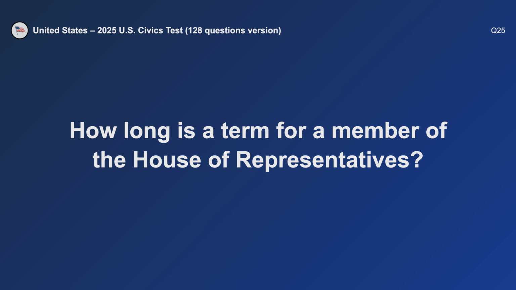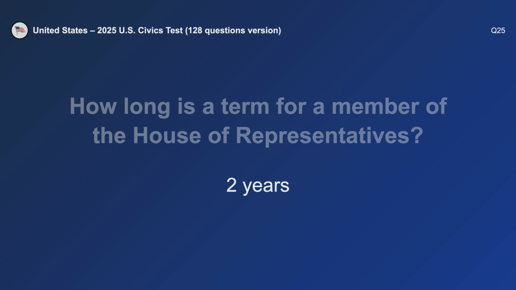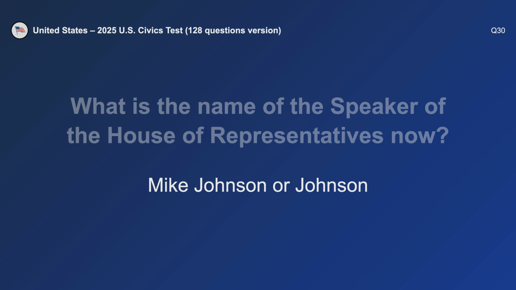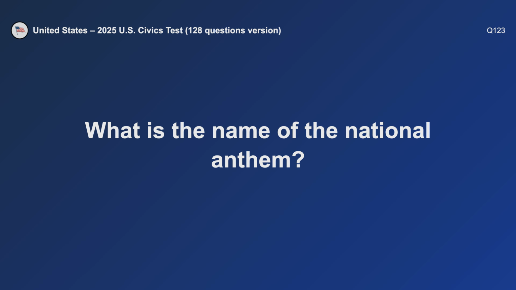How long is a term for a member of the House of Representatives? 2 years. What is the name of the Speaker of the House of Representatives now? Mike Johnson. What is the name of the national anthem?